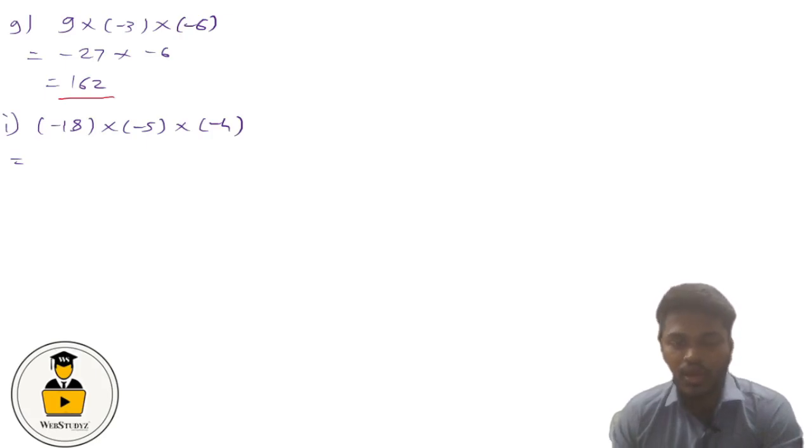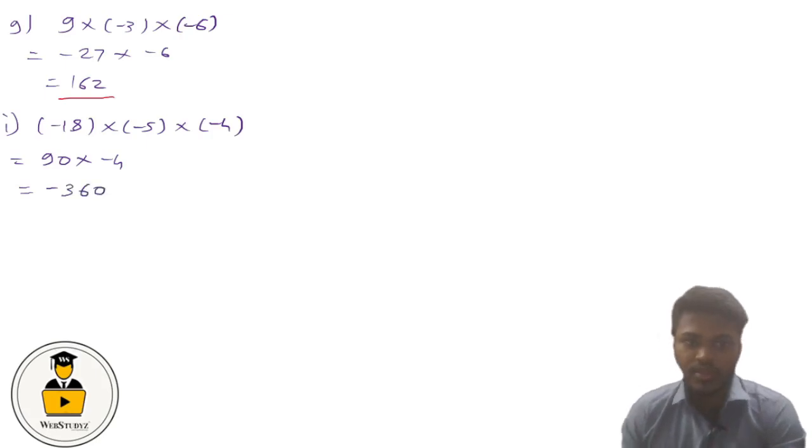Since the two integers are negative, the product will be a positive integer, and we know that 18 into 5 is 90, so it will be 90 into minus 4. Now again we have a positive and a negative integer, so the answer will be a negative integer, and 90 into 4 will be 360. So the product comes out to be minus of 360.